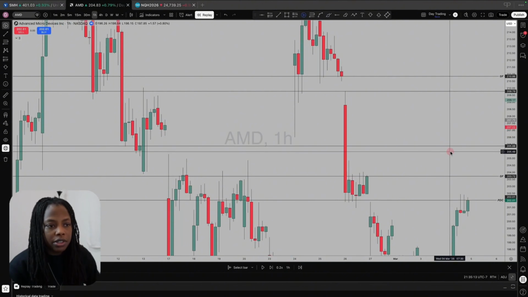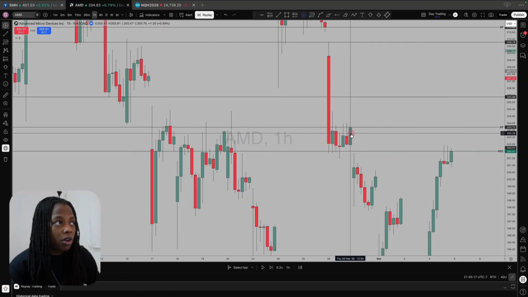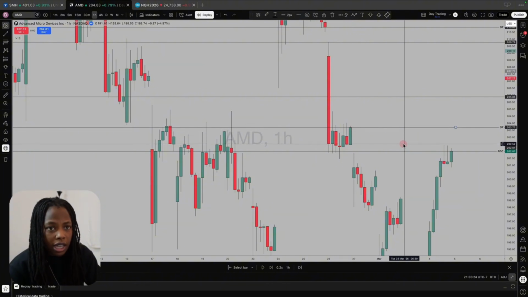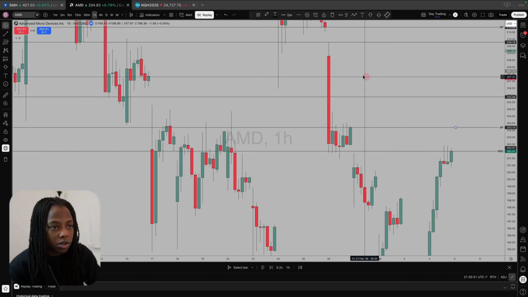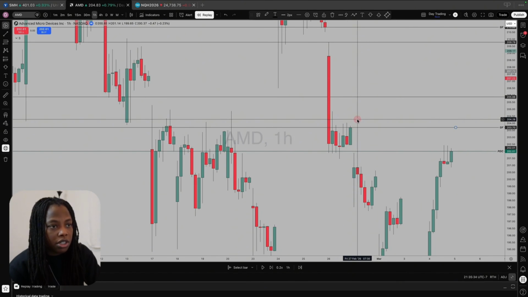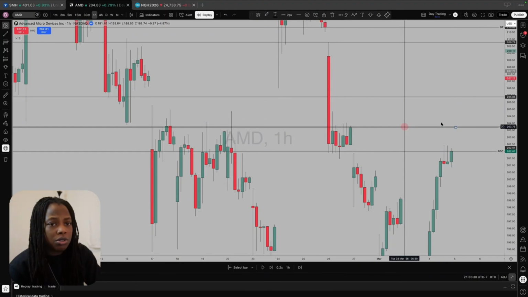Something I like doing is to mark exactly the gap fill levels on the chart. So for example, here you just want to go to the closing price and mark it. Once you select the candle in TradingView here, at this point it will show you where the candle closed. So for example, this green candle here from the past closed at 203.70.